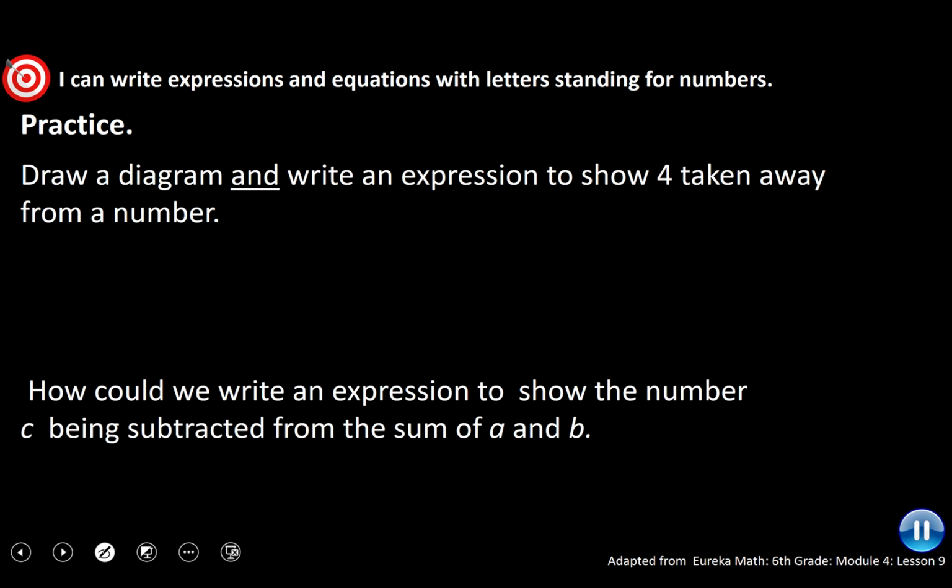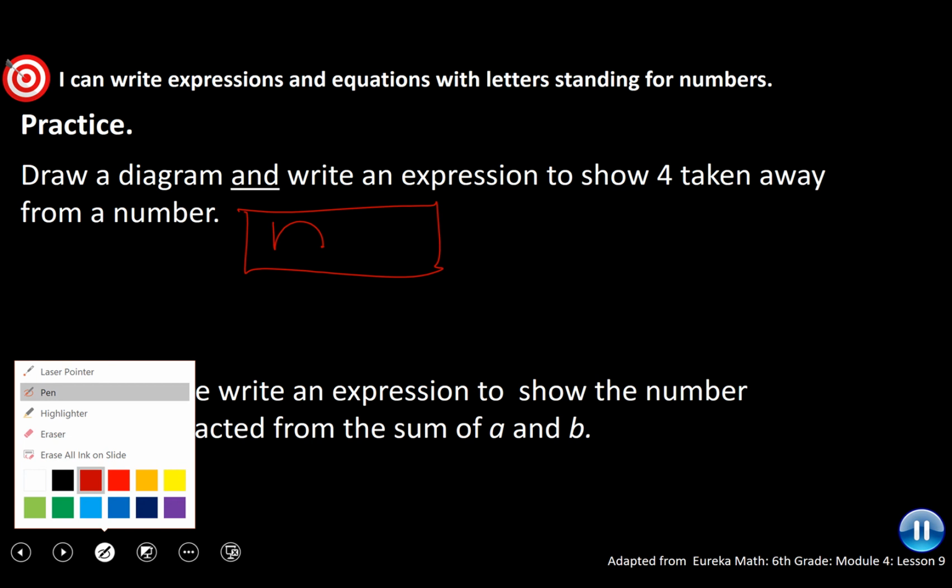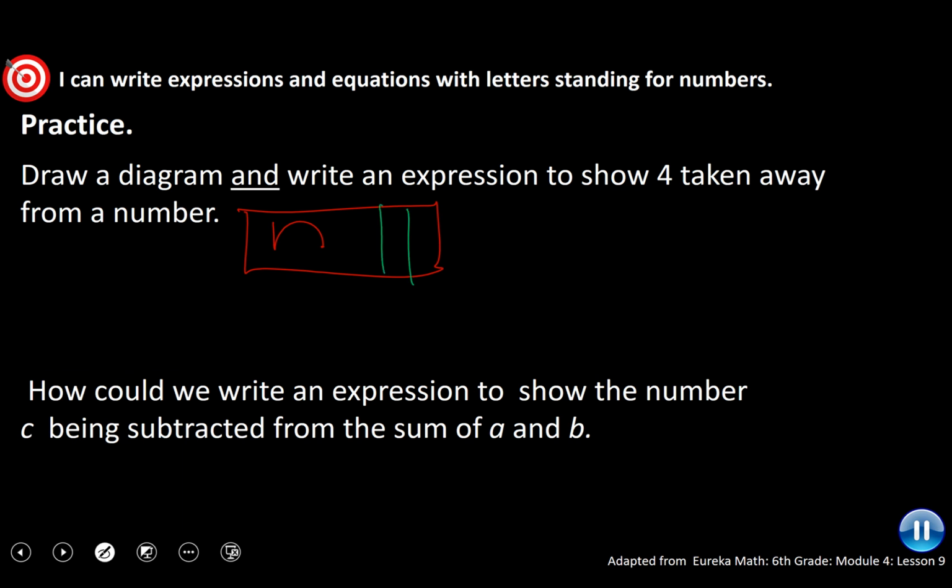Okay, so first thing I'm going to do is I'm going to draw the diagram for the first one. So it says, write an expression to show 4 taken away from a number. So I have a number n, and 4 is being taken away from it. So 1, 2, 3, 4.